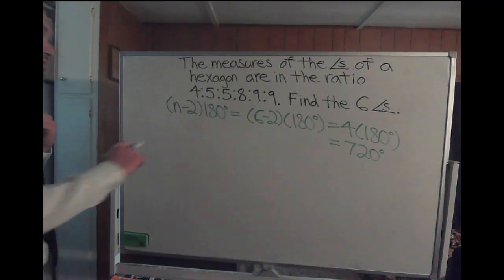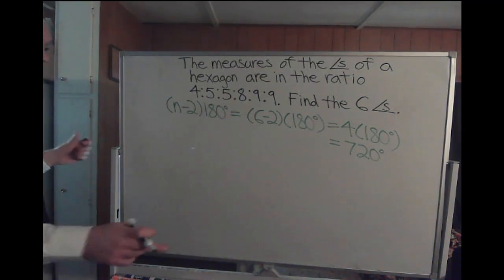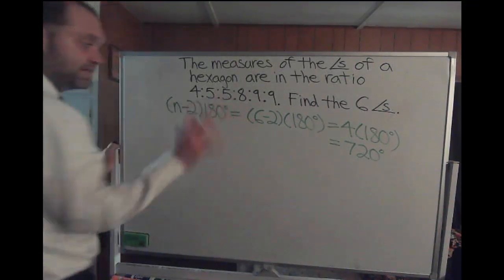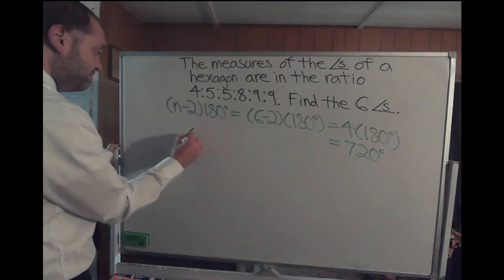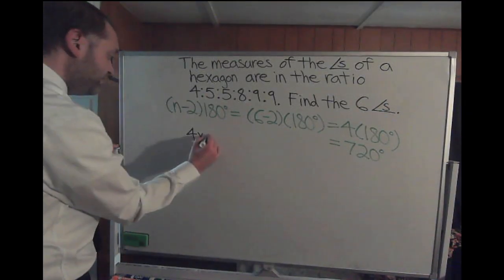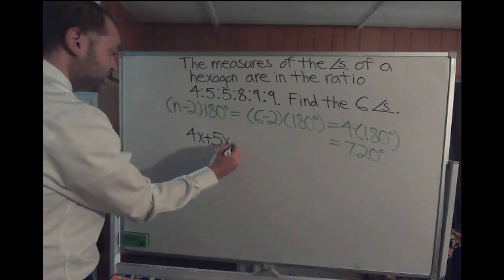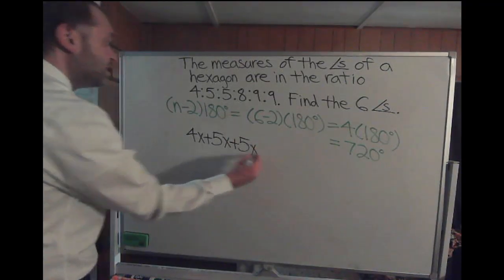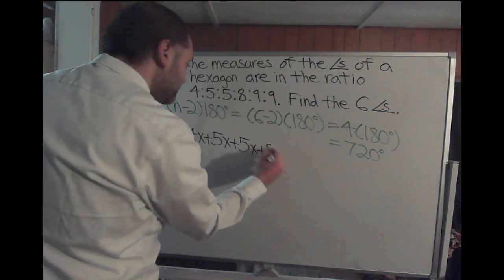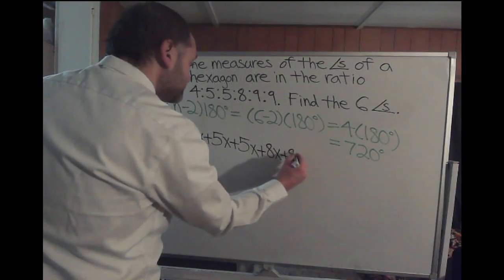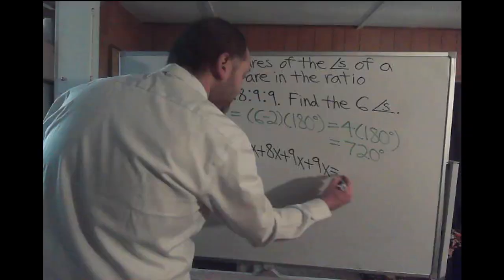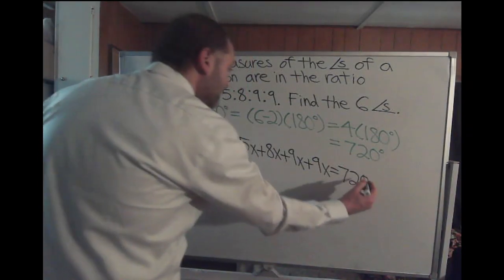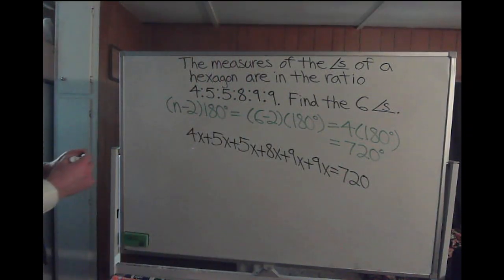So what we have to do now is take all these 6 angles, add them together, and set that total equal to 720. So this will become 4x plus 5x plus another 5x plus 8x plus 9x plus yet another 9x for all 6 angles. Set that equal to 720. Yikes, that's a big one, isn't it? Then we can come up with a value for x.